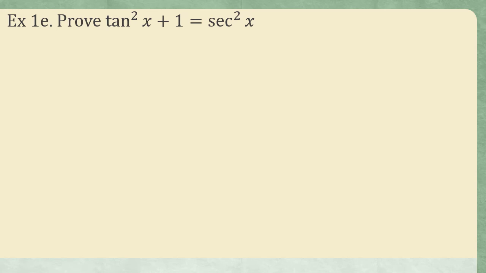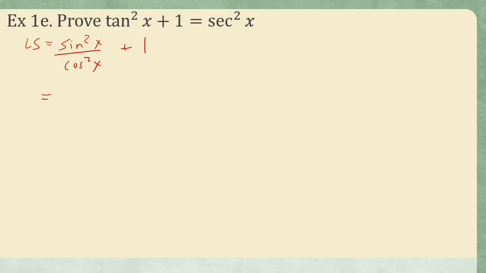Our next one, tan² x plus 1, prove that it equals secant² x. Let's start on the left side. If tan is sine over cos, tan² is sine² over cos². So we can change tan² to be sine² over cos² plus 1.